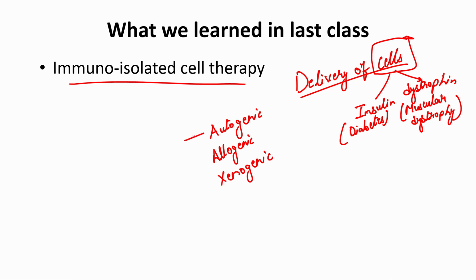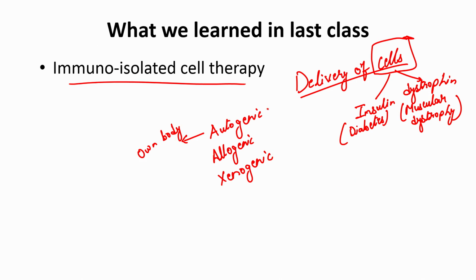Autogenic represents something that is derived from your own body. So, if you are using autogenic cells, you do not really need to worry about the immune system a whole lot, because your immune system will recognize it as your self cells, your self protein. So, it is not going to attack it.